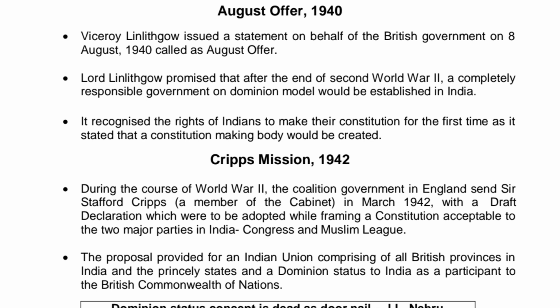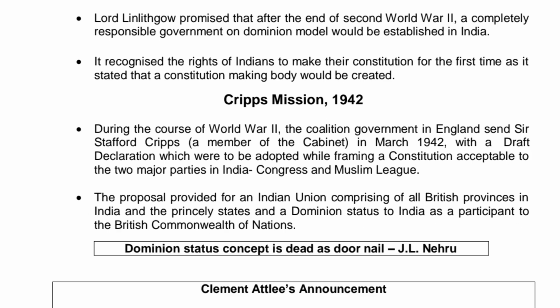Lord Linlithgow promised that after the end of the Second World War, a completely responsible government on the dominion model would be established in India. It recognized the right of Indians to make their own constitution for the first time, as it stated that a constitution-making body would be created.